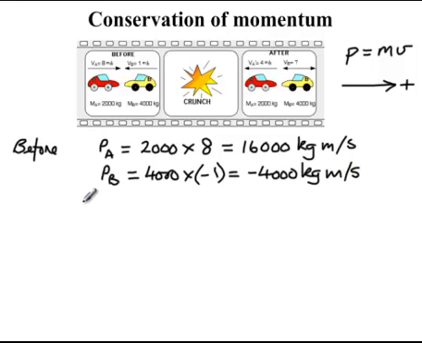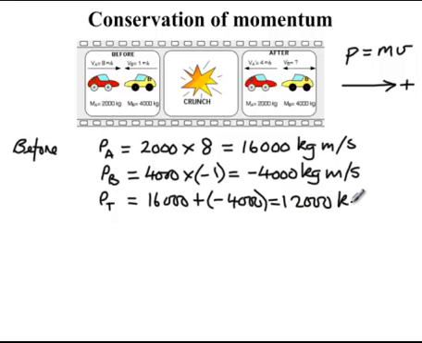So the total momentum, which I'll call PT, equals 16,000 plus minus 4,000, which equals 12,000 kilogram meters per second.